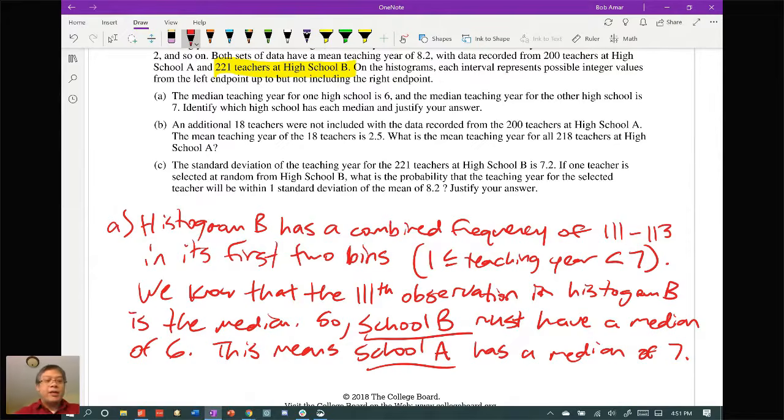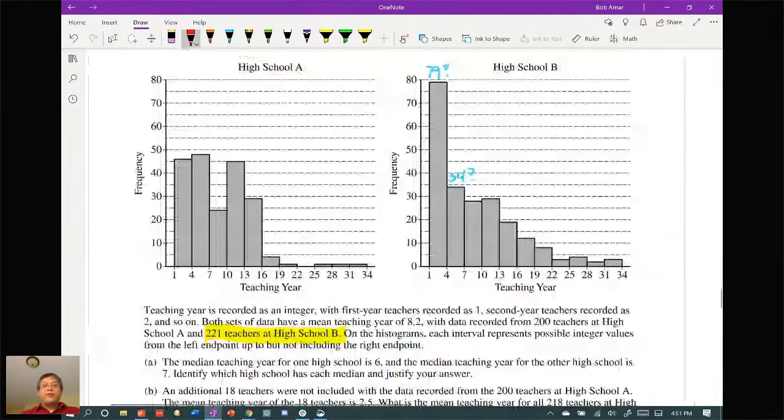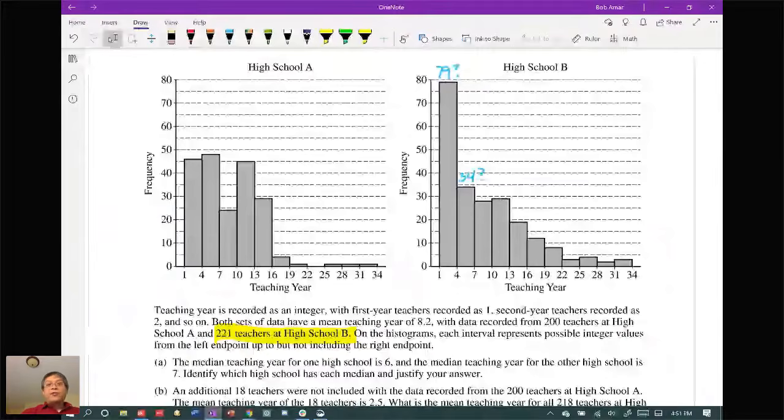Okay, and I should probably add the context. Another way to look at this is that high school B's mean must be strongly influenced by its strong right skew, right?